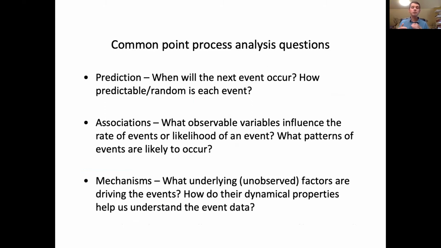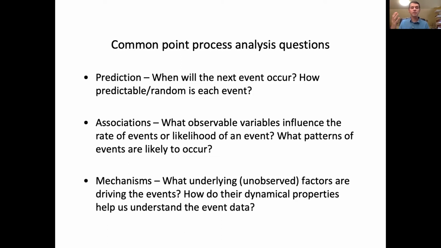We often have questions of associations where we record this event data alongside other variables that are observable, and we want to understand the relationships between them. We want to understand, for example, the relationships between events and past events to understand what types of patterns of events occur. And we might want to understand how events are related to other features of the neural activity recorded in the EEG.